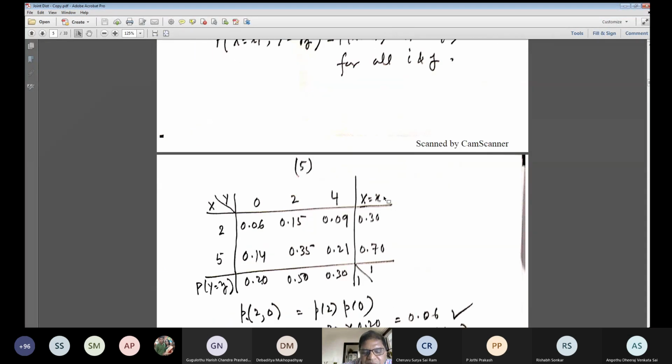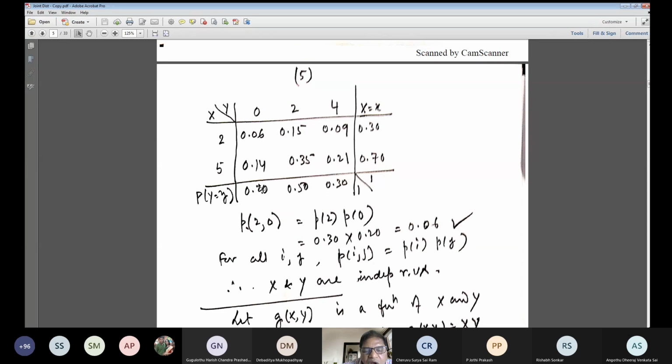Here is one example showing how to check that x and y are independent. You see x takes values 2 and 5, y takes values 0, 2, 5. These numbers are given, and then you find the marginals of x and the marginal of y. Now, to check whether x and y are independent or not, what do I have to do?